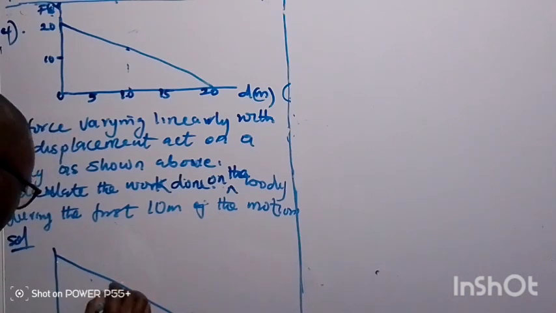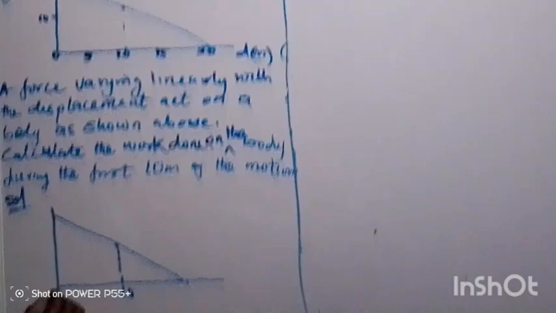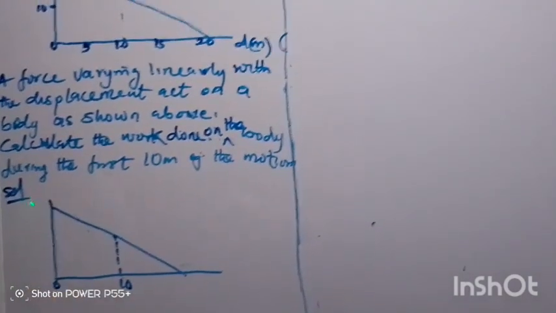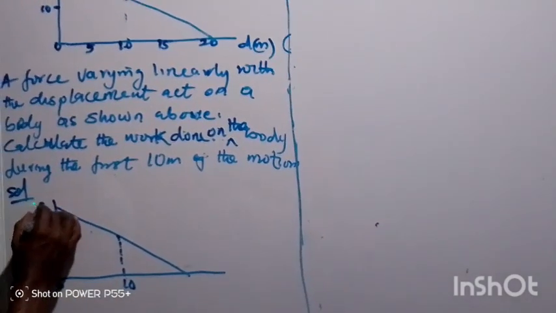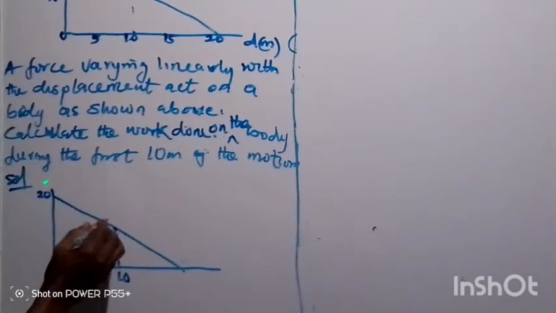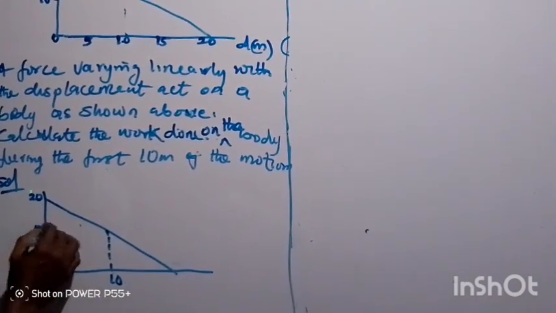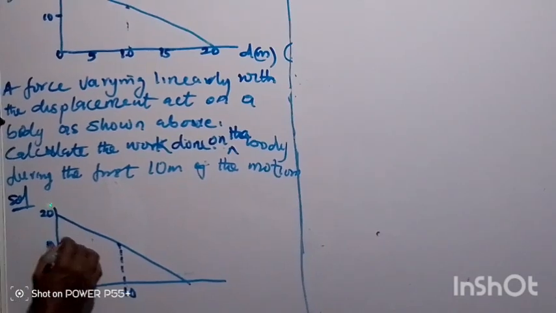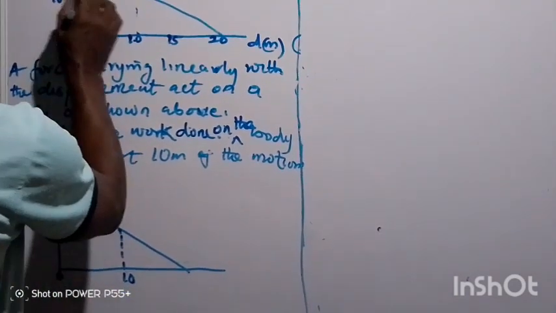Let's say this is the first 10 meters, and this place is 0, and this place is 20. Mind you, to this place, this is 10. So according to the question, that's 10.